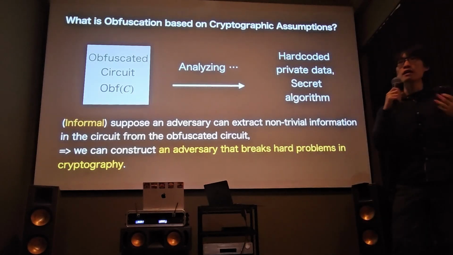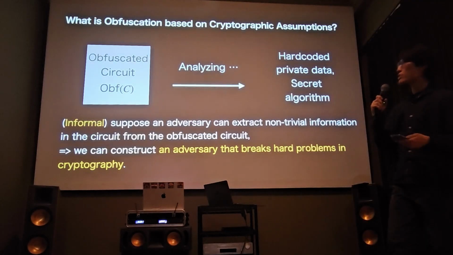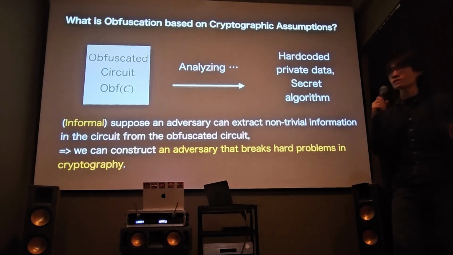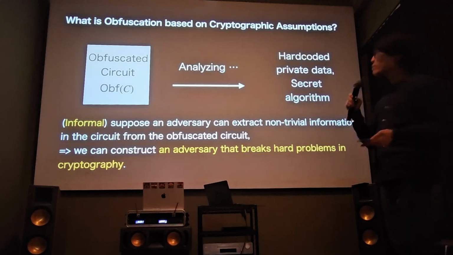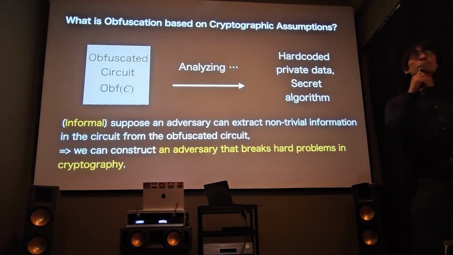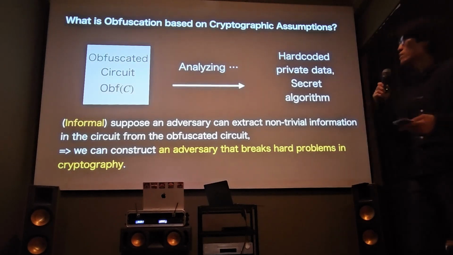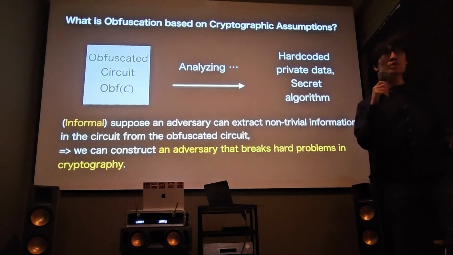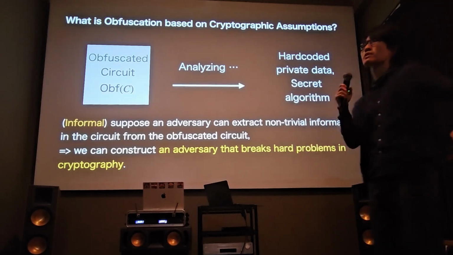And unlike heuristic obfuscation schemes, like JavaScript obfuscation, this cryptographic one says that as long as some cryptographic assumptions hold, or some cryptographic problem is hard for this adversary, the adversary cannot get non-trivial information from this obfuscated circuit.